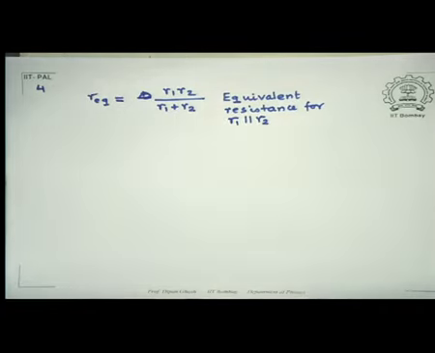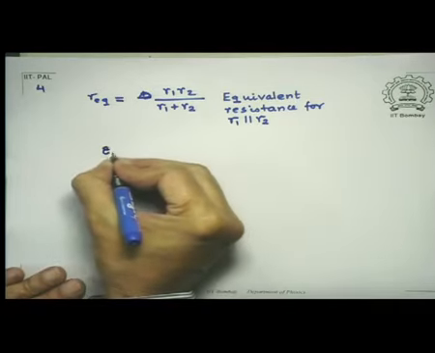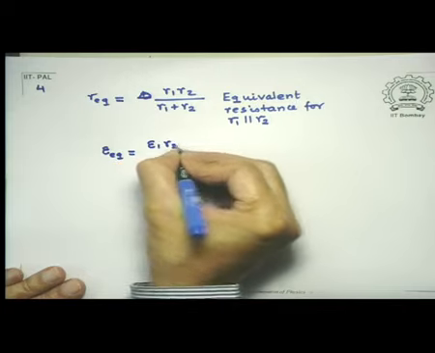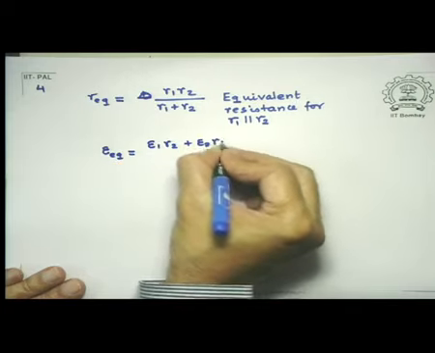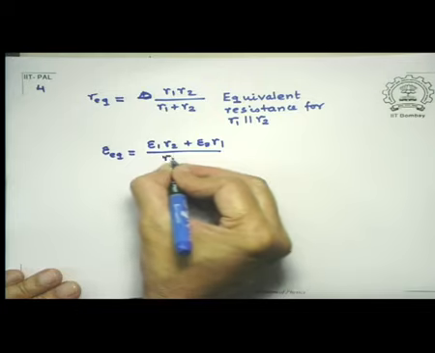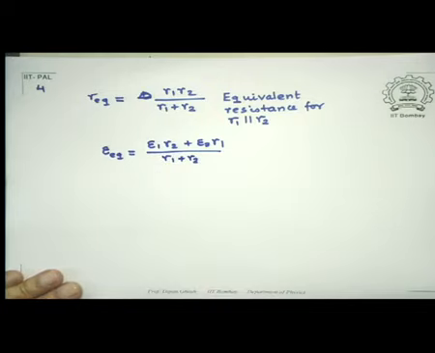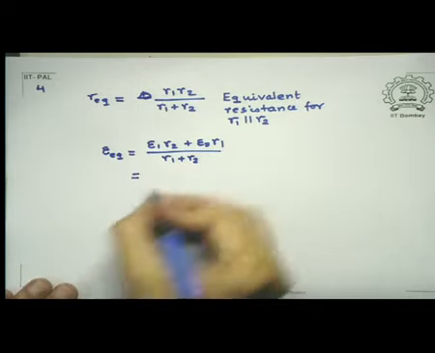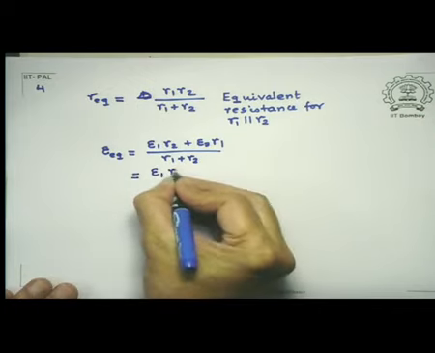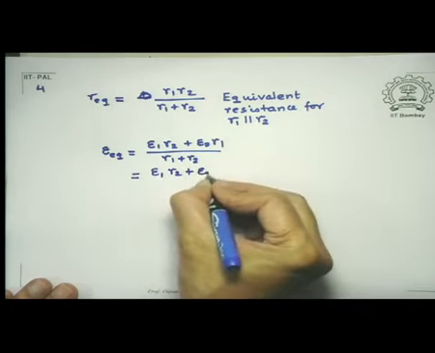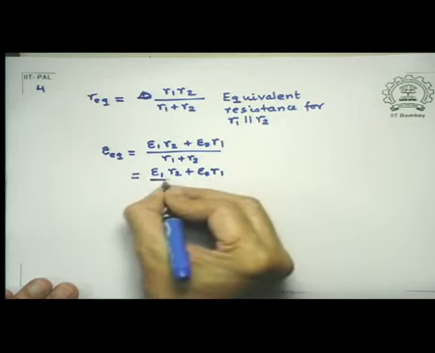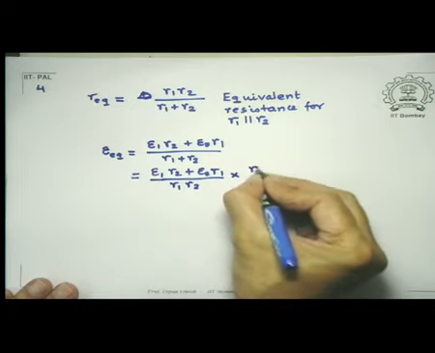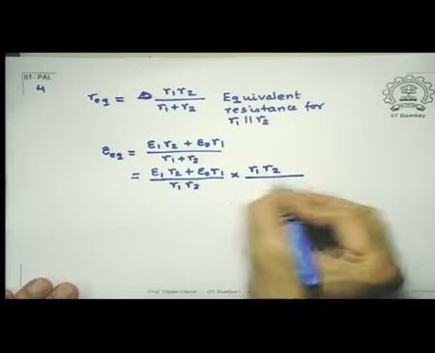Okay, let us look at the expression for EEQ a little more carefully. Now, this is E1 R2 plus E2 R1 divided by R1 plus R2. Let us do something. Supposing I write it like this, E1 R2 plus E2 R1 divided by R1 R2 and write it as R1 R2 divided by R1 plus R2.